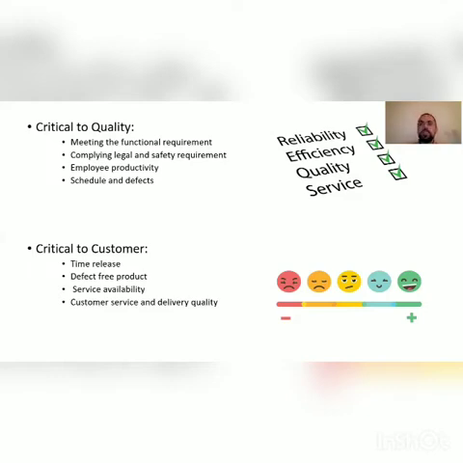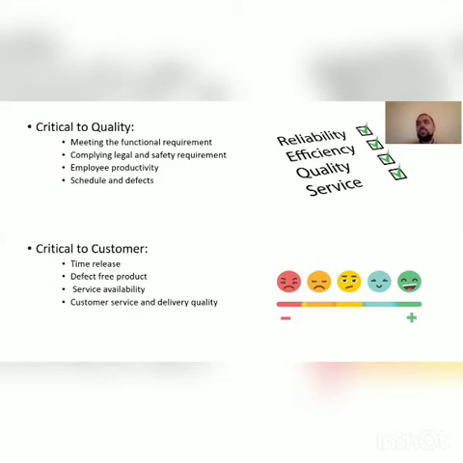It means that, for instance, if they need a guarantee, the service should be available. And also the customer service and delivery quality should be high. It means the quality of the customer service and delivery should be high and acceptable at least. So these factors are important for the customer. So they are critical to customer.